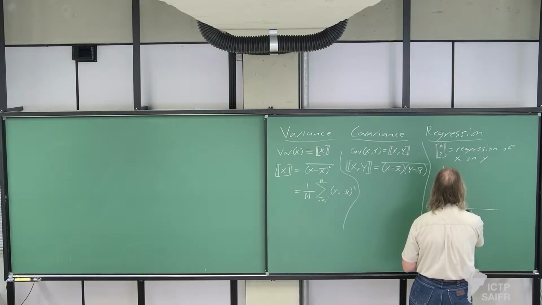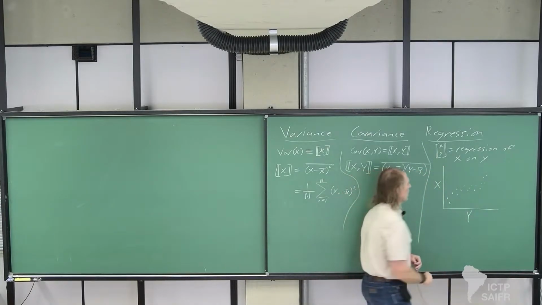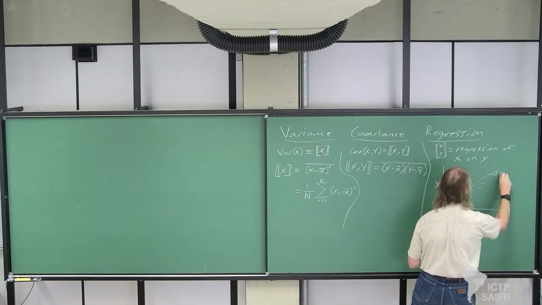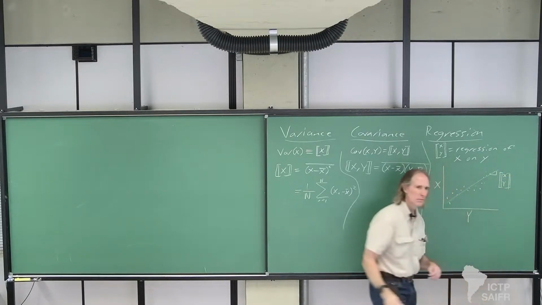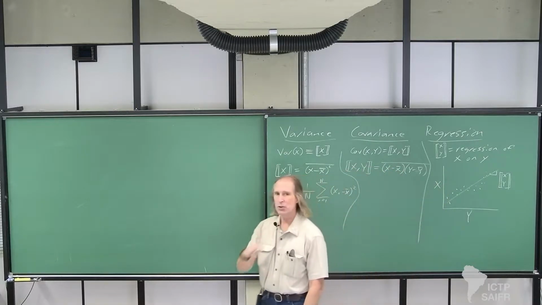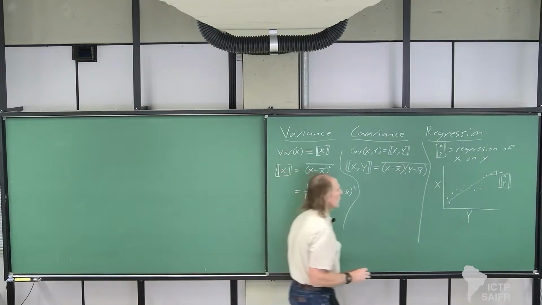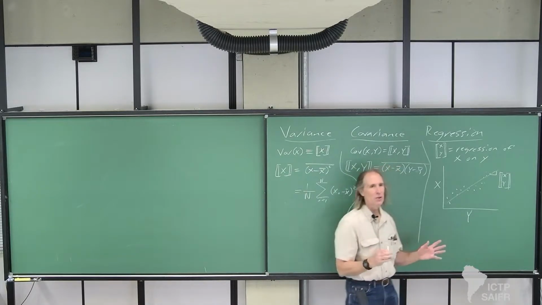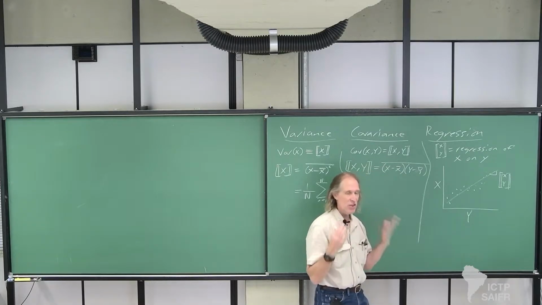And if I have a bunch of values like that, if you pick the least squares best fit curve through that, the slope of that is the regression of x on y. It is the slope of the best fit straight line. As we're going to see, though, that does not really limit us in the ways that you might expect it to.